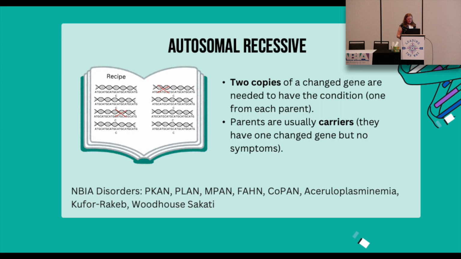And when a condition is autosomal recessive, that means that there is a harmful change on both copies that have come from mom and dad. So in order for this condition to happen, you have to have changes on both copies. And the parents are considered carriers because they have a change on one of their copies and not a change on the other.